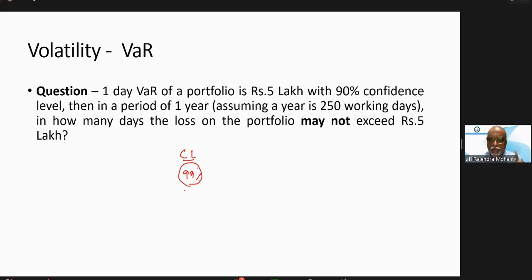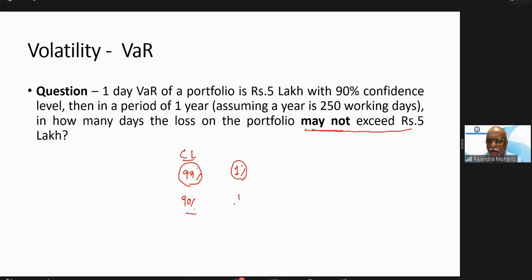I have explained to you: if the confidence level is given as 99%, that means on 99% of the days we are not going to lose more than the VAR. So on 1% of the days the portfolio may exceed the VAR.